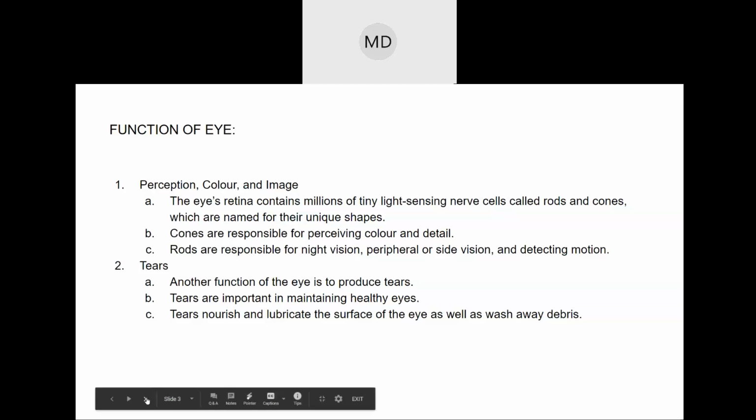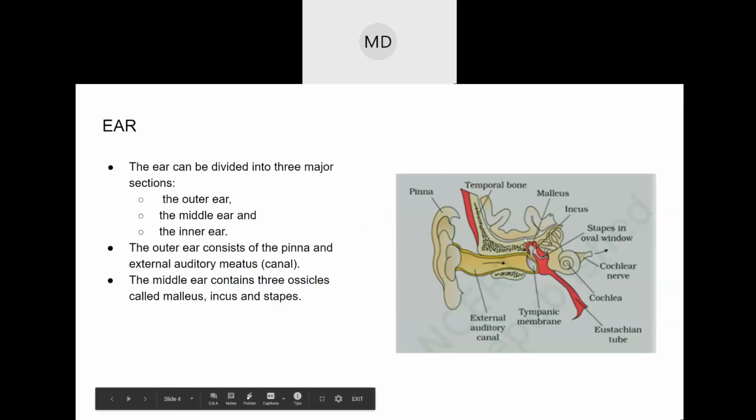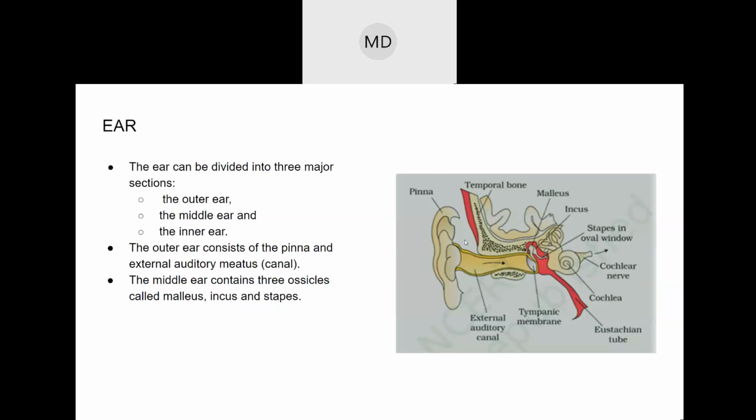Okay, I'll move to the ears now. Human ear. So the human ear is of three parts. That is the outer ear, middle ear, and the inner ear. Outer ear, all of you know, the outside part. That is also known as the pinna, which you see from the outside.